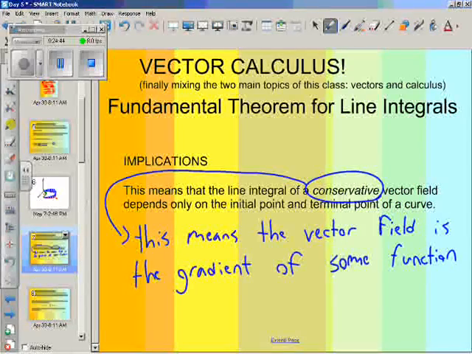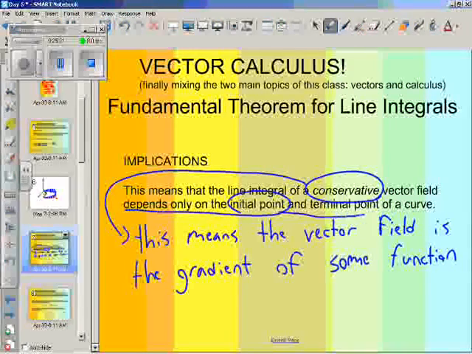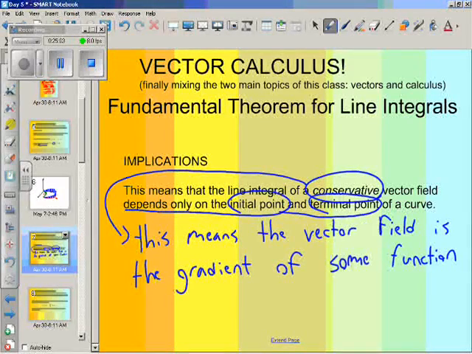In other words, if we're taking a line integral through a gradient vector field, then it only depends on the initial point and the terminal point. There's only two things we have to worry about.